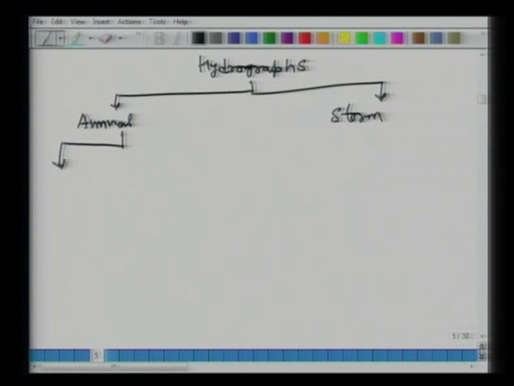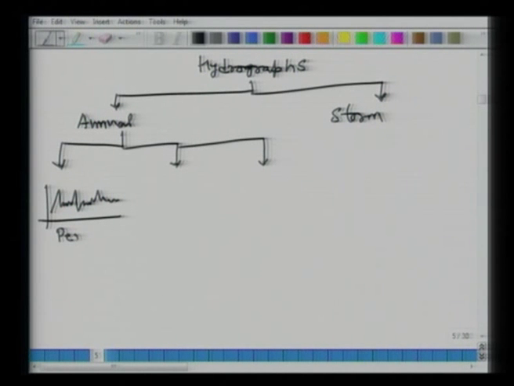Further, the annual hydrographs can be divided into three different kinds. Okay. First one is called perennial, or a perennial hydrograph, in which you have a river or a creek or a stream in which we have water throughout the year.